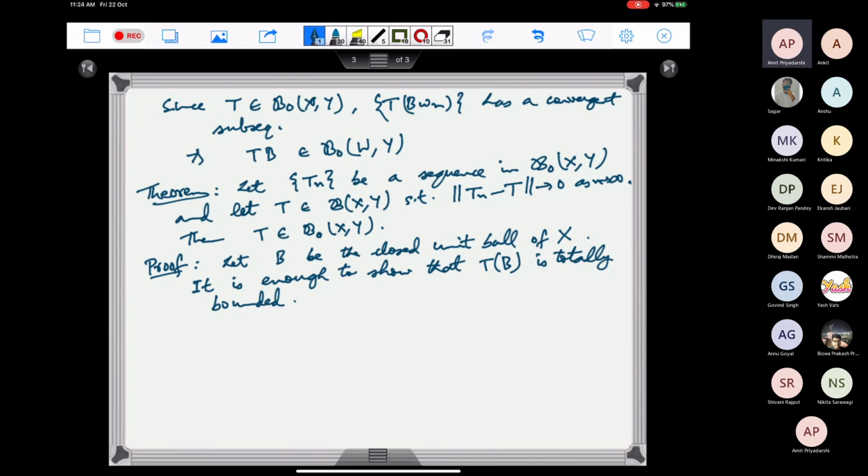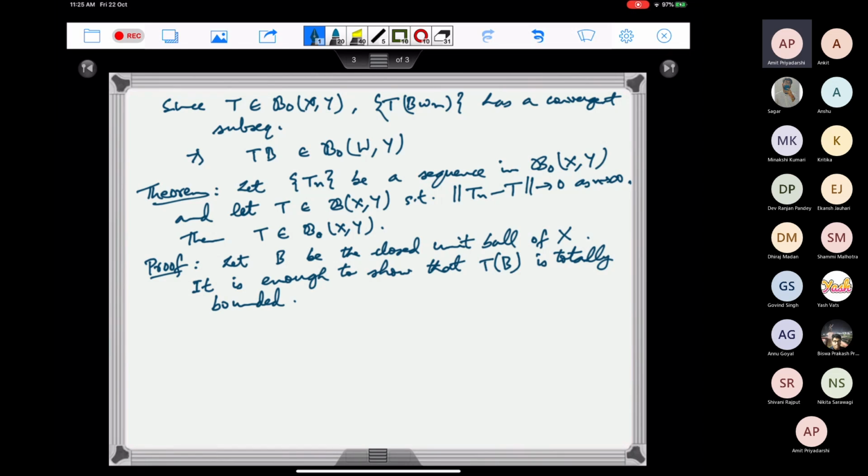And you can prove this result using the sequential criteria also, but let me try to prove it using this total boundedness. Because we have seen that once you prove that TB is totally bounded, then its closure is also totally bounded, and TB closure will then be complete and totally bounded, and therefore it has to be compact.